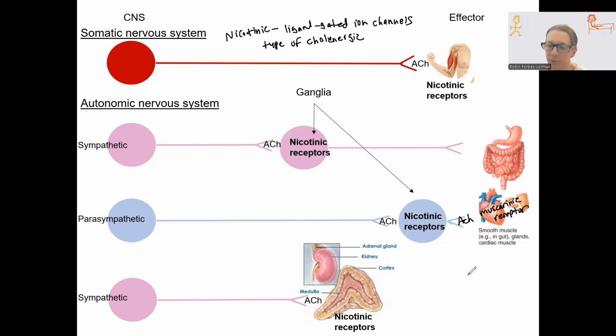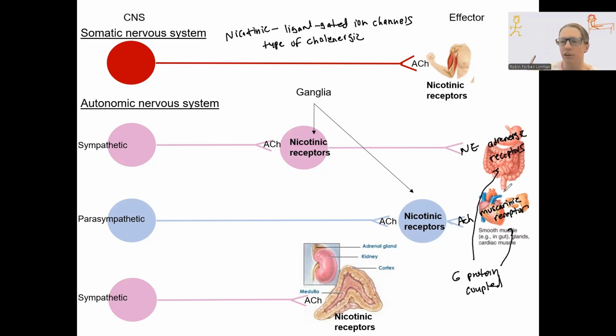That is G protein coupled. Similarly, norepinephrine is released from the sympathetic nervous system. That's going to bind to adrenergic receptors, which are also G protein coupled.